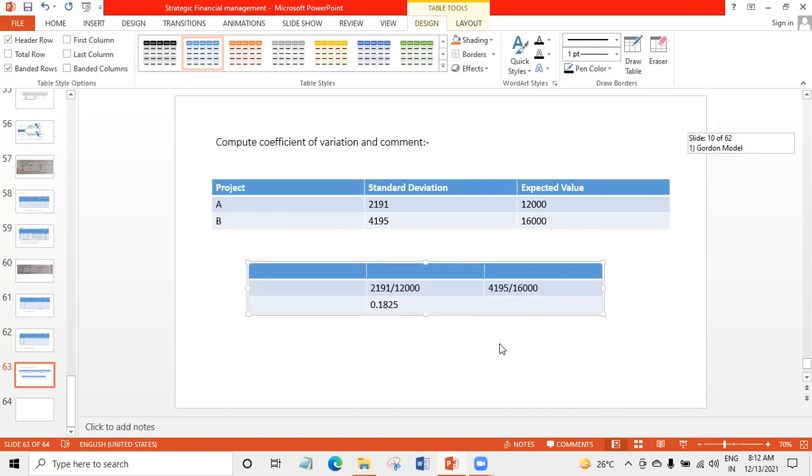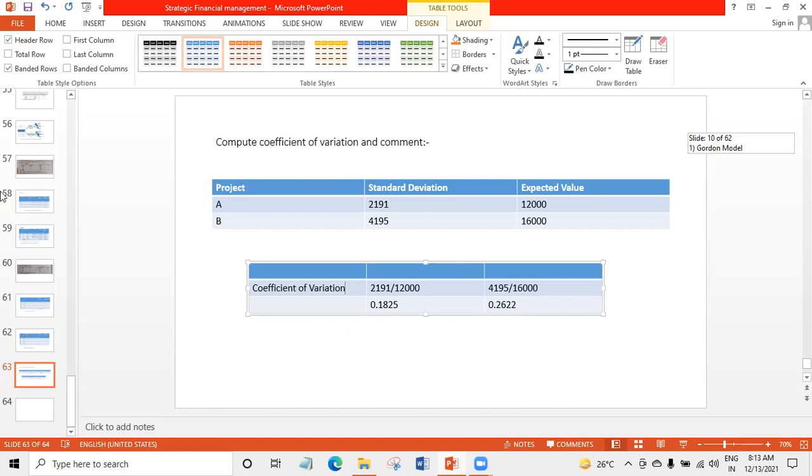Coefficient of variation for the projects is 0.1825 and 0.2622. Sorry.